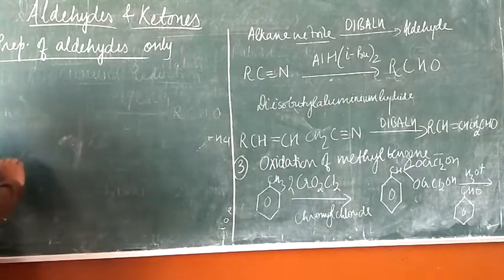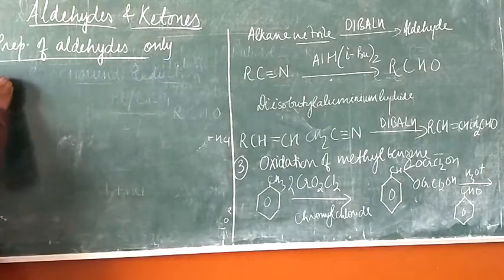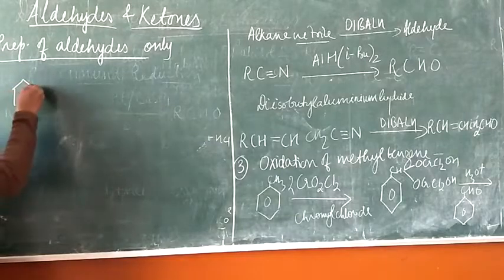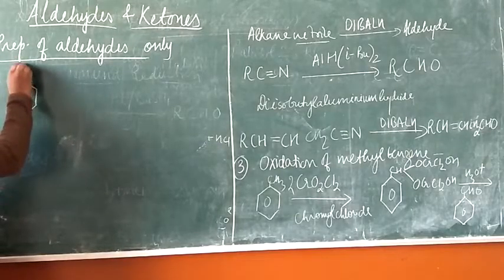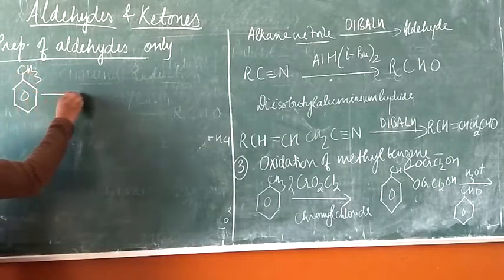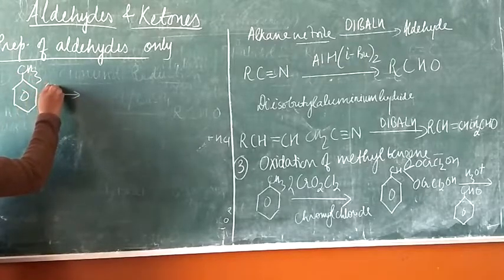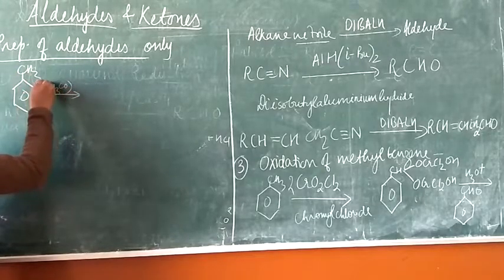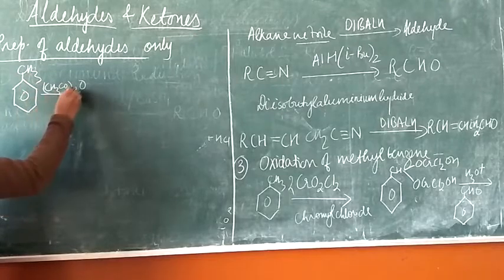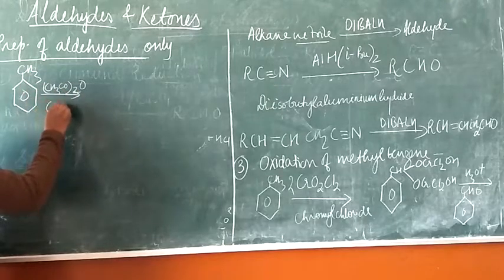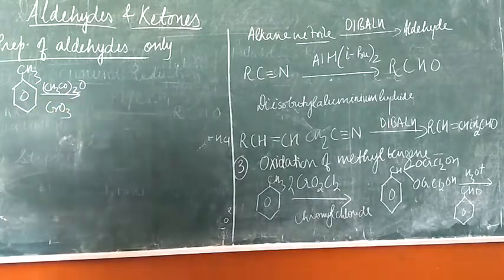So, under the same heading, oxidation of methyl benzene, we are carrying out the oxidation with acetic anhydride in presence of CrO3.